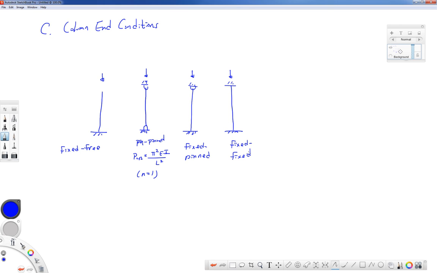Now, as you might suspect, some of these end conditions can support more load than others. And I've drawn these in a particular order. From left to right, we have an increasing amount of load that these columns can take for a particular length of column, everything else being equal.